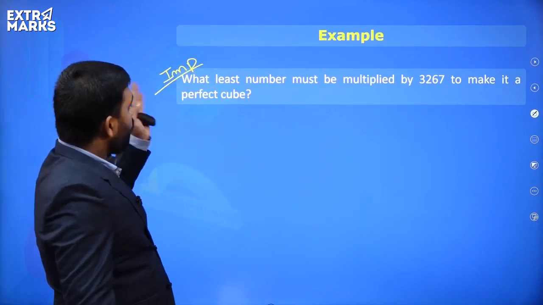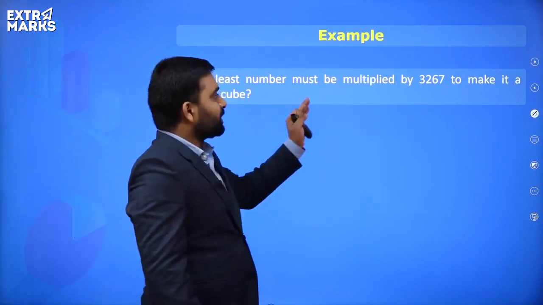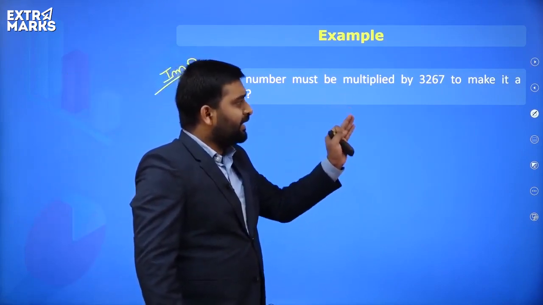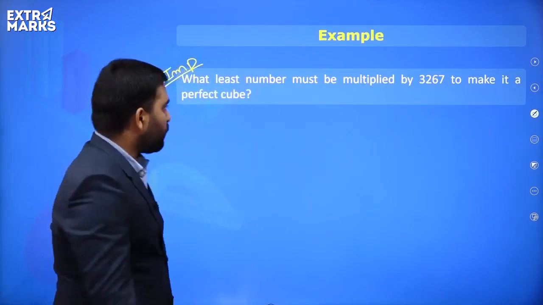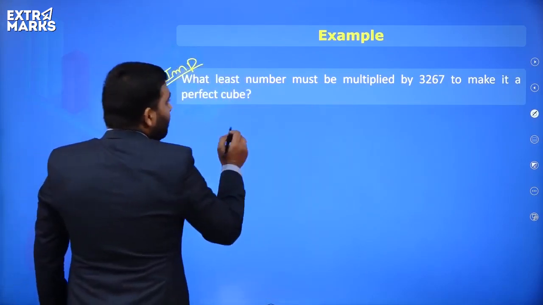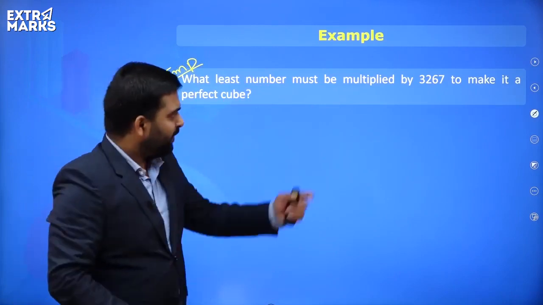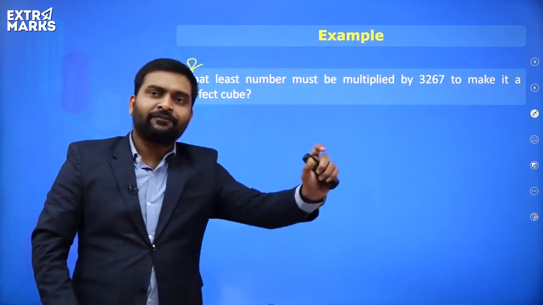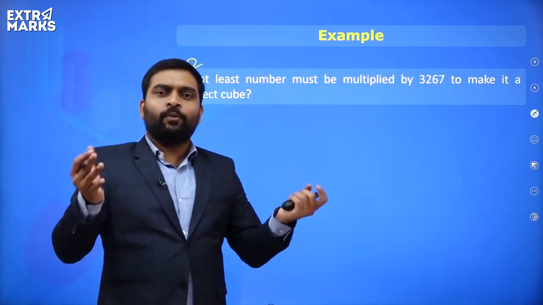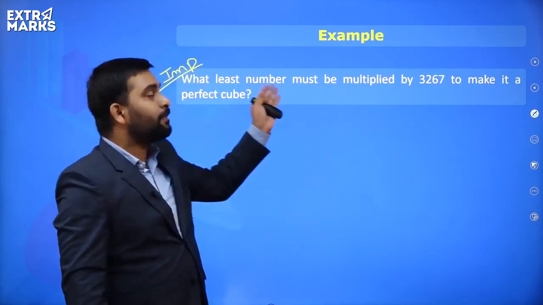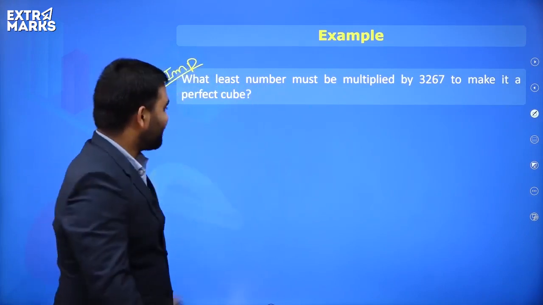See, it is saying, what least number must be multiplied by 3267 to make it a perfect cube? Okay. So everyone, first thing is, we'll find by prime factorization method. We'll find the pairs, and whichever pair is left incomplete, we'll try to multiply, and whatever we multiply, that is the least number. Simple.